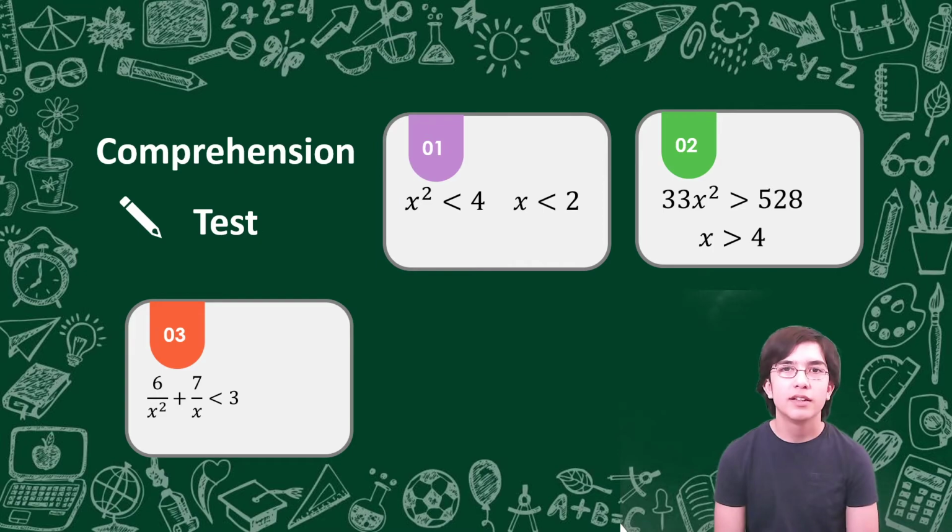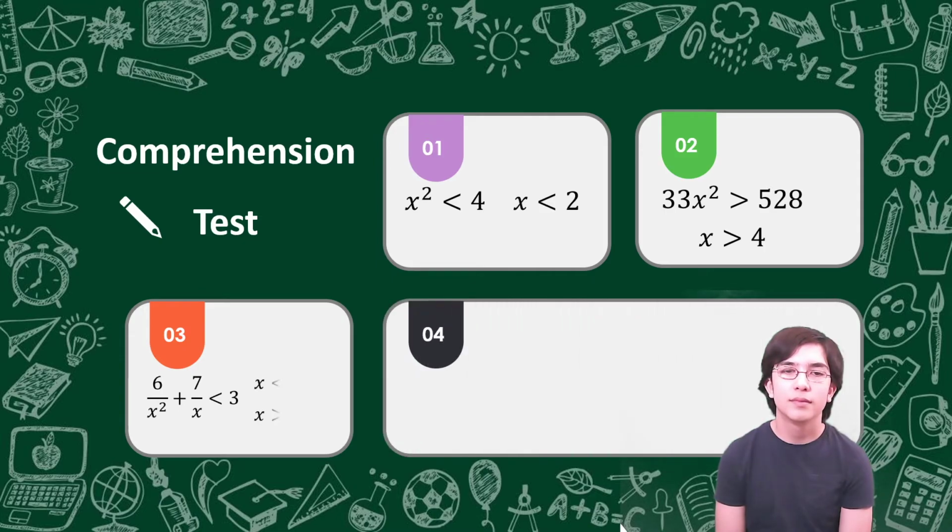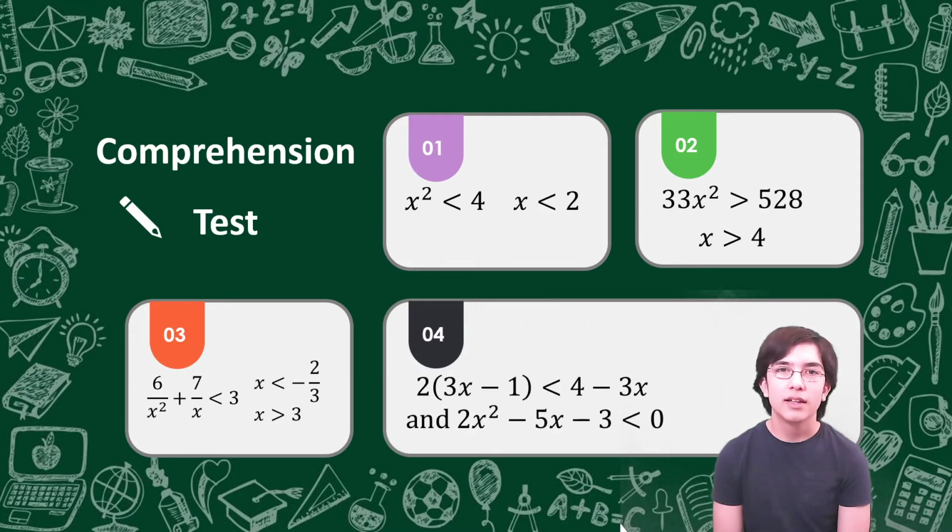Question 3, 6 divided by x squared plus 7 divided by x is less than 3. X is less than minus 2/3 and x is greater than 3. And question 4, the hardest question, 2 times 3x minus 1 is less than 4 minus 3x, and 2x squared minus 5x minus 3 is less than 0.